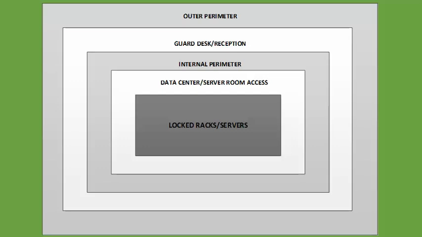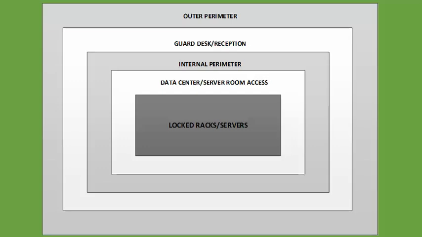Physical security starts with the outer perimeter. We then have maybe a guard desk or reception area, which is sandwiched in between the outer perimeter and an internal perimeter. After that, we would have maybe a data center or server room, and the middle layer that we're protecting here is where you have your actual equipment, servers, routers, switches, etc., in locked racks or cabinets.